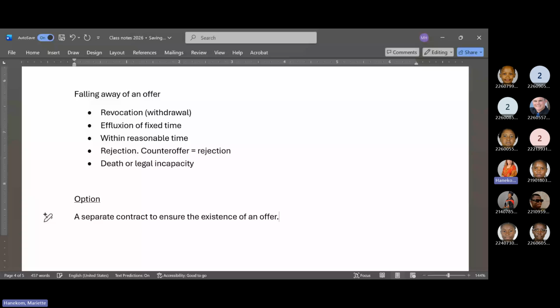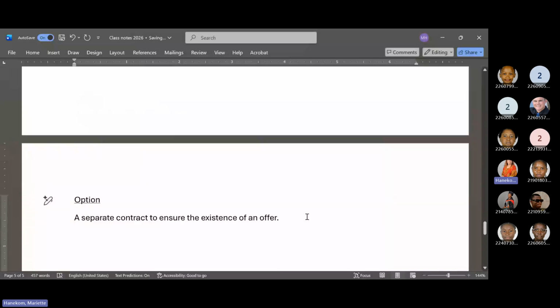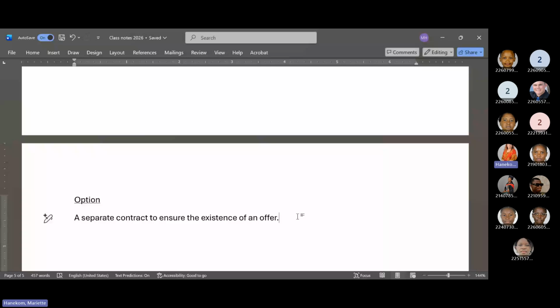If I offer you my car for 300,000 and you need time to think about it, you can ask me to keep the offer open for an agreed time. So I give you an option until the end of March. So in an option, there's a main offer, the car for 300,000.